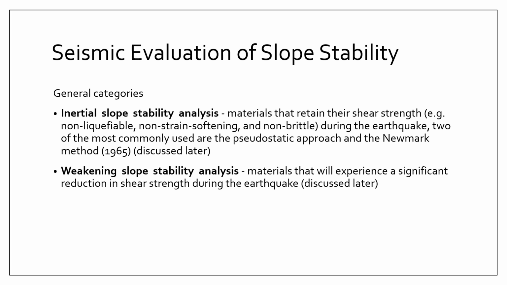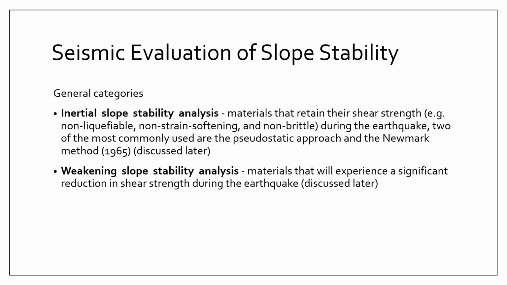there are two main categories on how we evaluate the stability of a slope in terms of seismically driven instabilities. First is to treat them more as a static slope. So it's an inertial slope stability analysis.